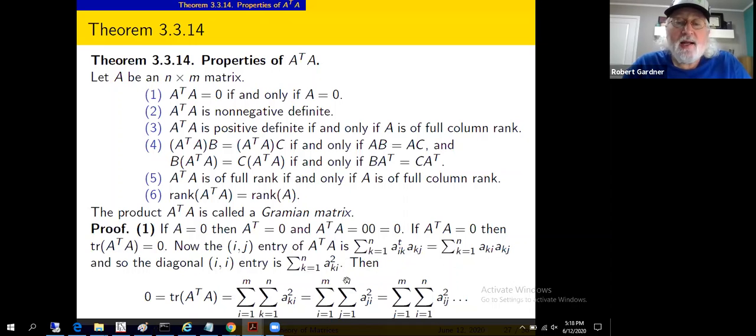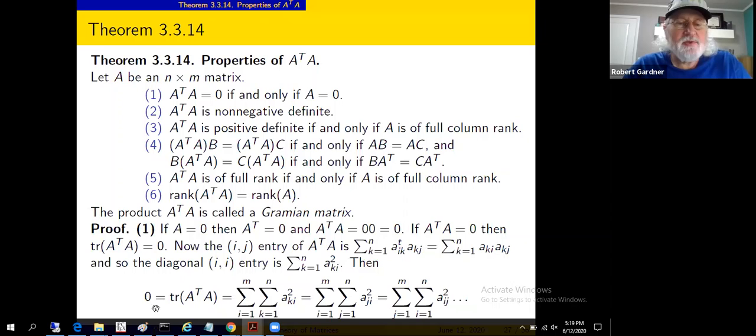And then we'll get the ii entry as a sum from k equals 1 to n of A sub ki times A sub ki. So we get A sub ki squared. There's what you get along the diagonal of A transpose A. And remember, that sums to 0. Oh, well, duh, if it sums to 0, all these things are squares. All these things must be 0. And that's how we'll ultimately get the conclusion.